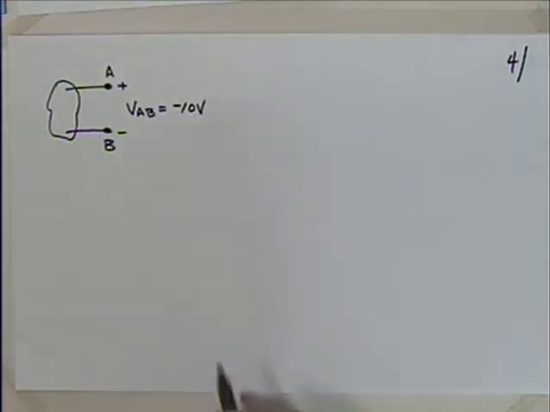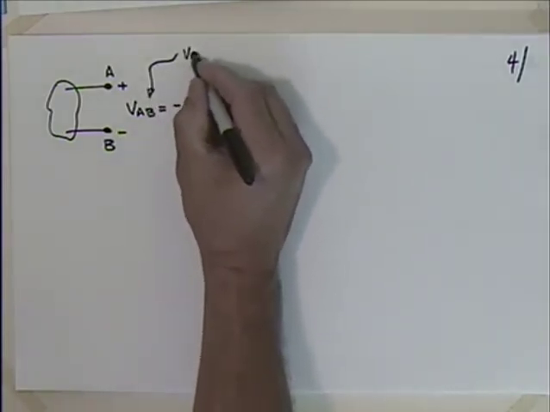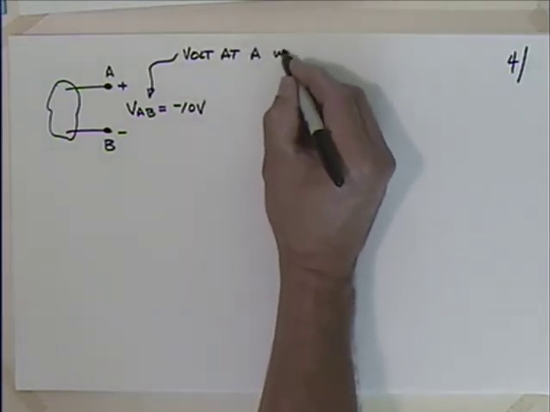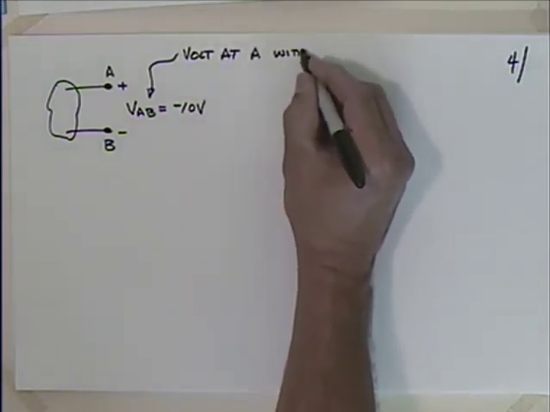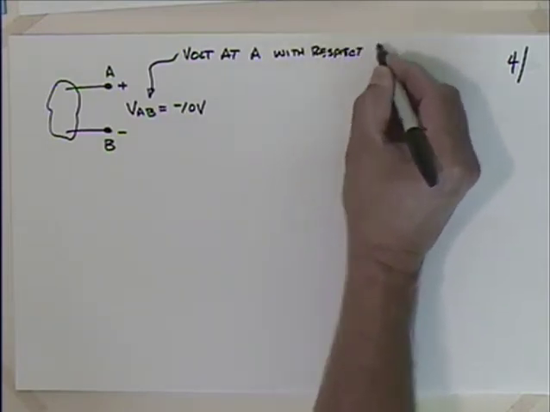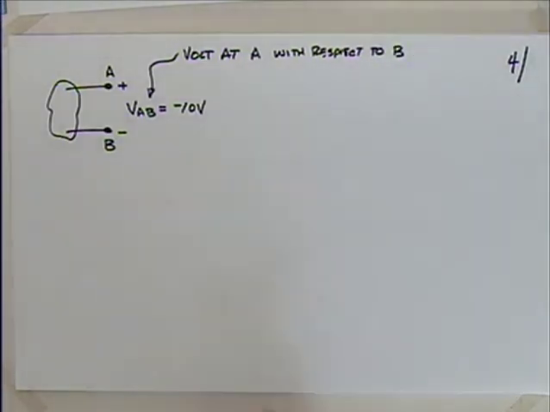Okay. And the way this is actually read is that's the voltage at A with respect to B. Okay, voltage AB.